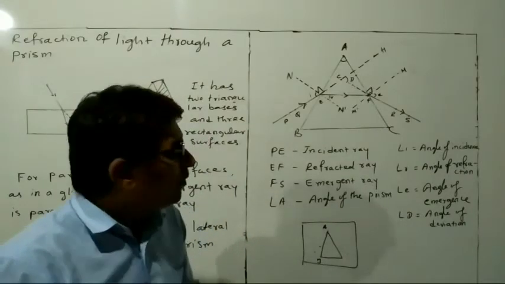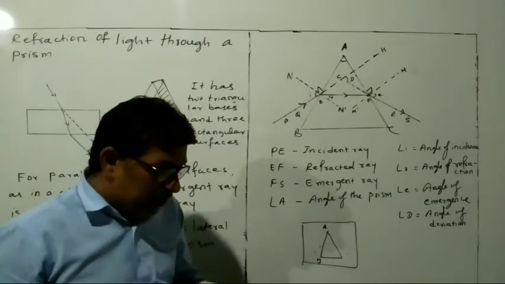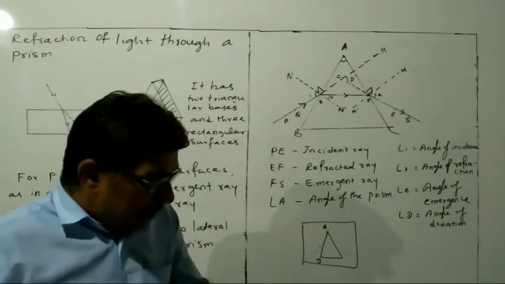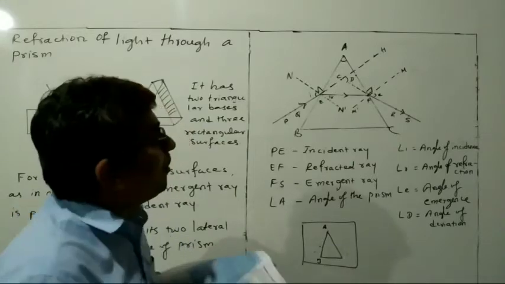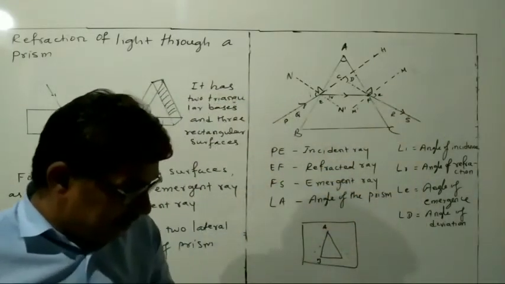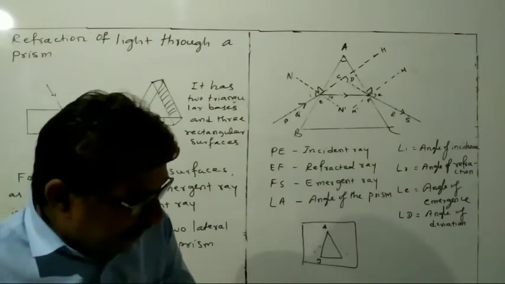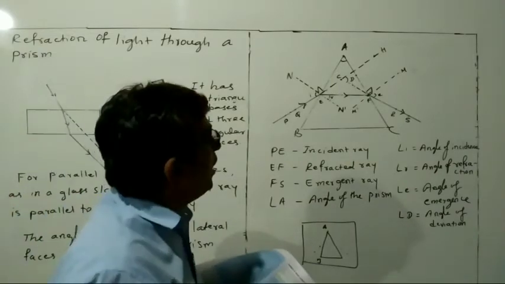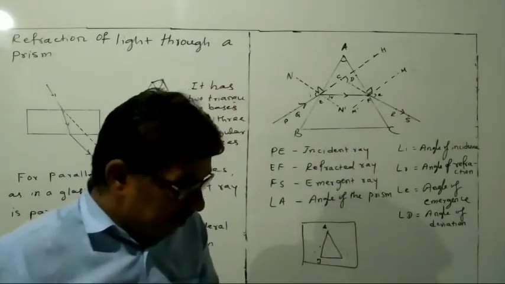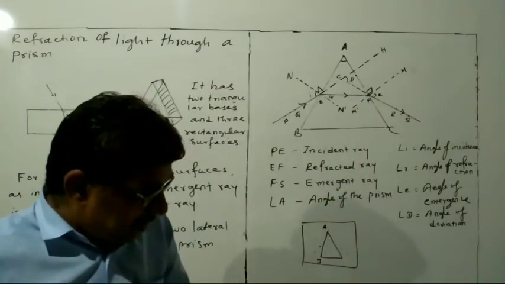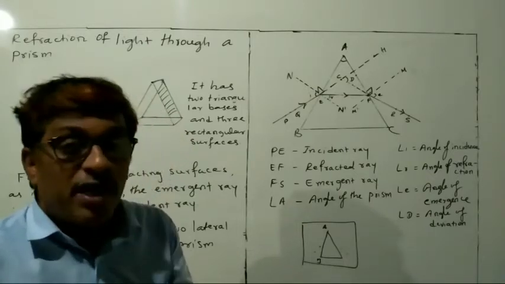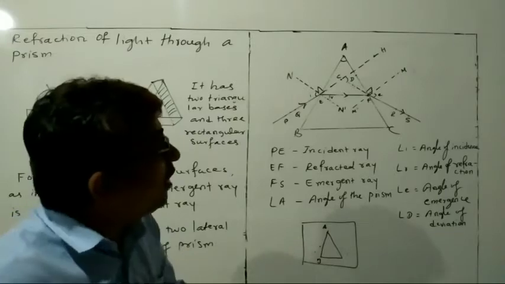Now the next one. At the second surface AC, the light ray has entered from glass to the air. Hence it has bent away from the normal.